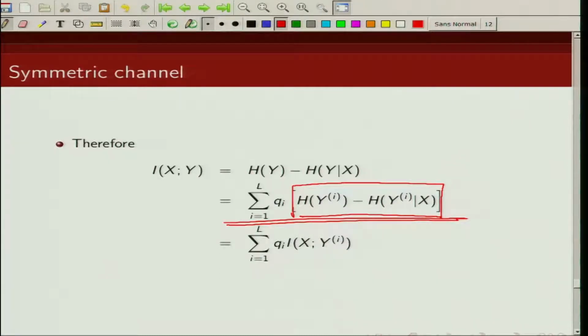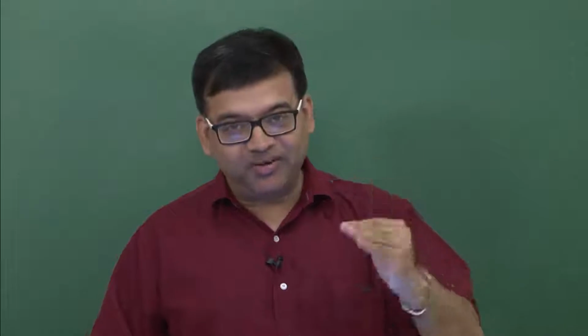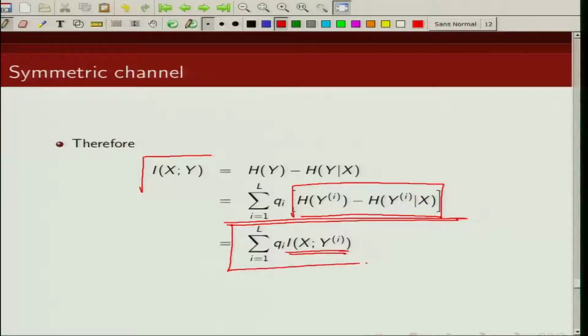H of yi minus h of yi given x. This is mutual information between x and yi. So, then I have proved that when I decompose my channel into these L discrete memoryless channels following the assumptions which I made earlier, I can write the mutual information between the input and output in terms of mutual information of the individual discrete memoryless channels.